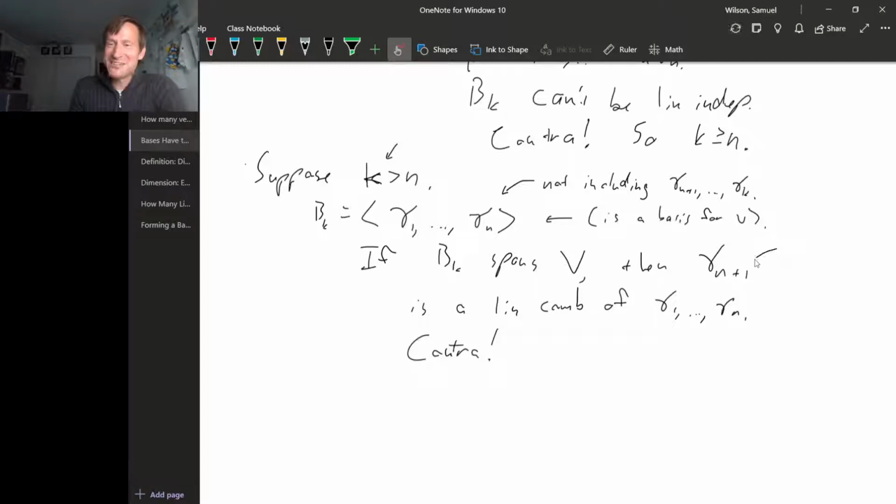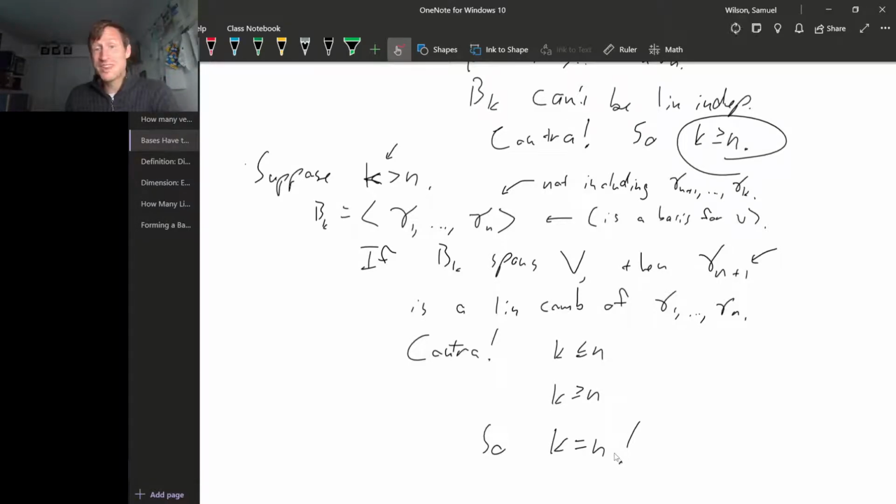So we can't have one of them being a linear combination of the others, because they have to be linearly independent. So this is a contradiction. So that means that k can't be bigger than n. So k has to be less than or equal to n. Well, we already knew that k has to be greater than or equal to n, and so the only possibility left over is that k is equal to n. So finally, fair amount of work, but we proved that if you have a finite basis, every basis for that vector space has to have the same number of elements.